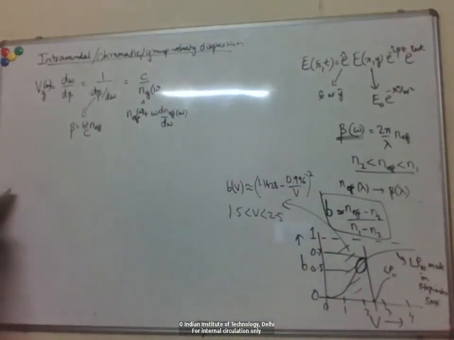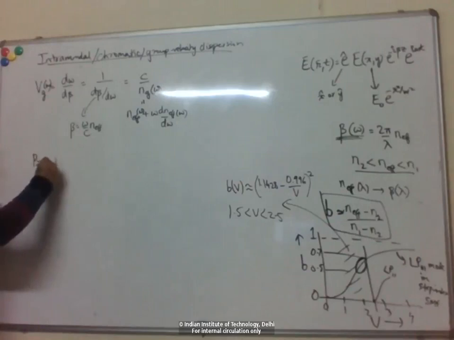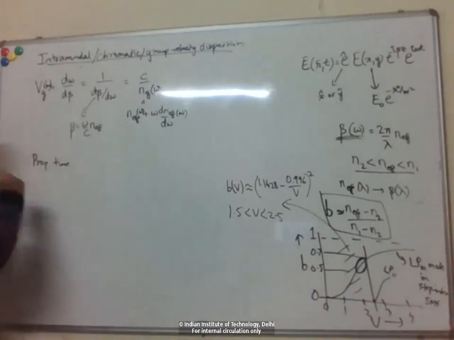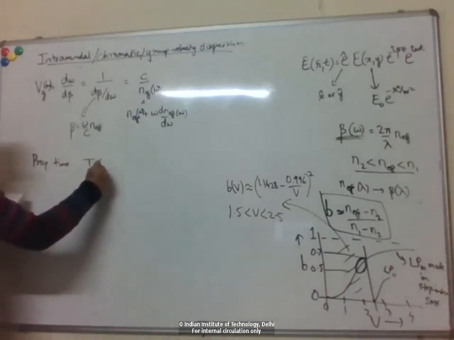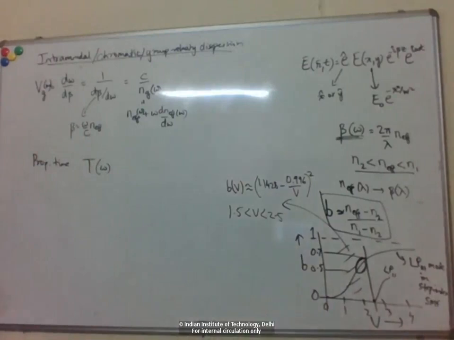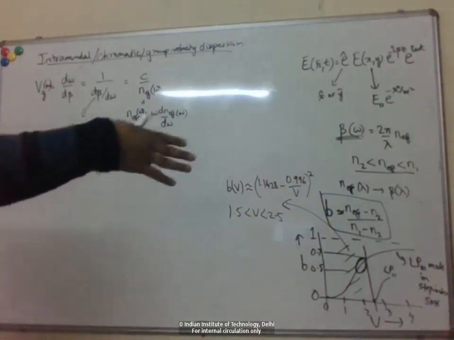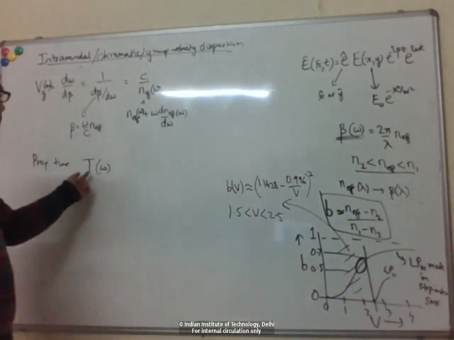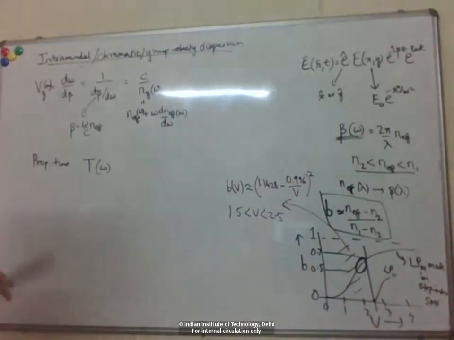So now if you look at the propagation time through a length of fiber for the frequency component omega, in a similar manner to what we did for intermodal, where we computed the travel time for different modes or different rays, here we compute the traveling time for different frequency components.